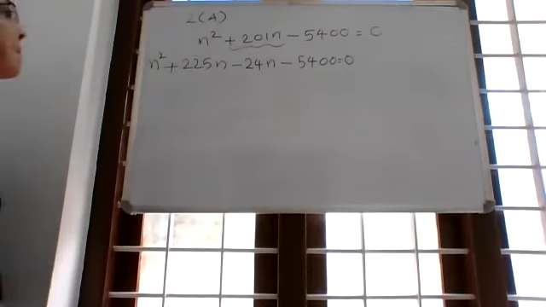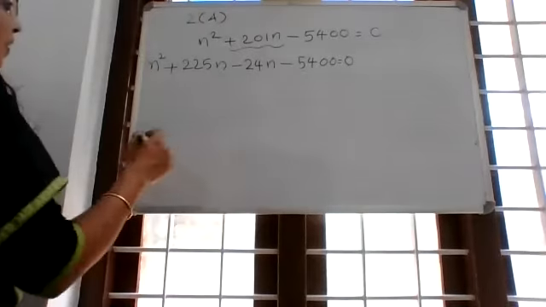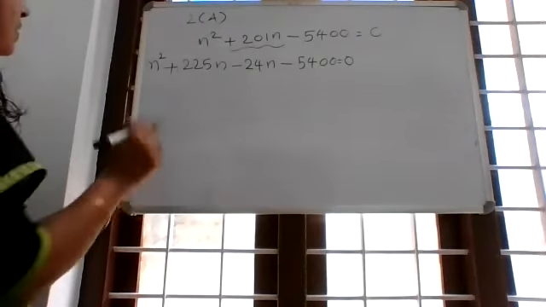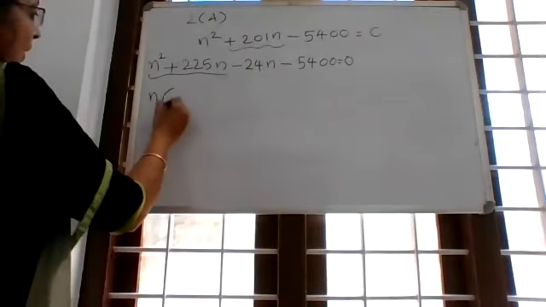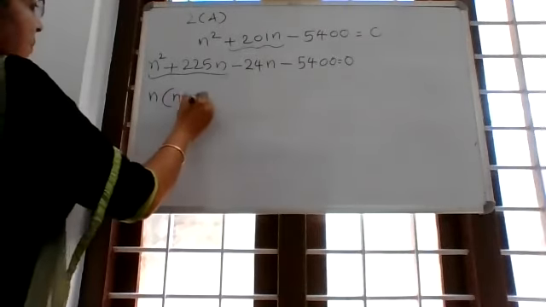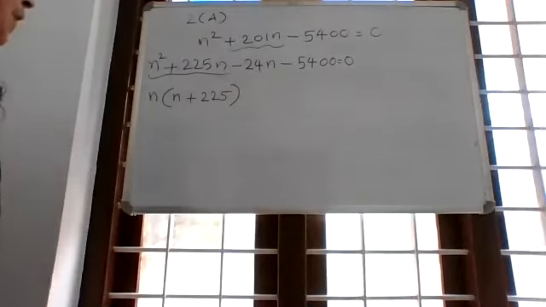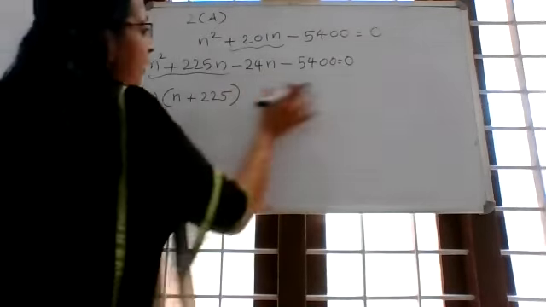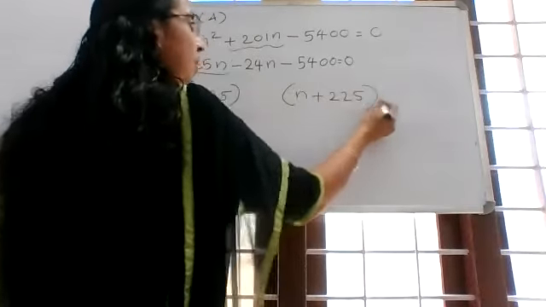Next is what? Common. n common from the first two. Take n common, then the remaining will be n plus 225. Same like here, n plus 225, so automatically it will be okay.